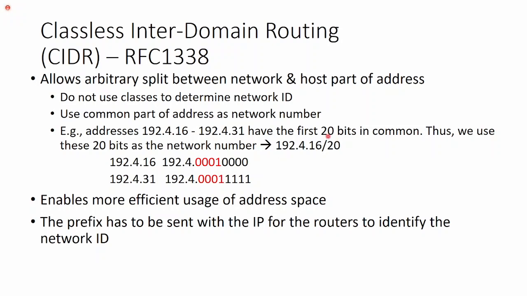So in the IP address, if you just say, for example, 192.4.16.23, or something without the slash value, that means you are going with the classful system. Classful system means 192 means class C, so the first 3 octets are the network part and this is the host part.